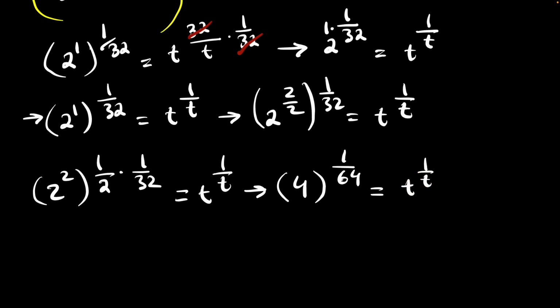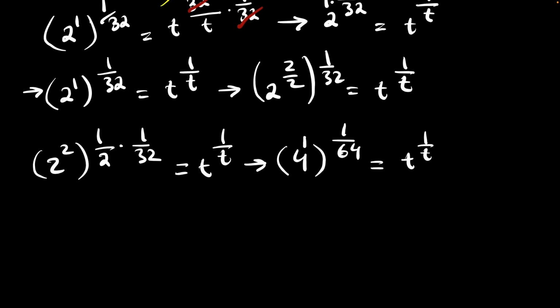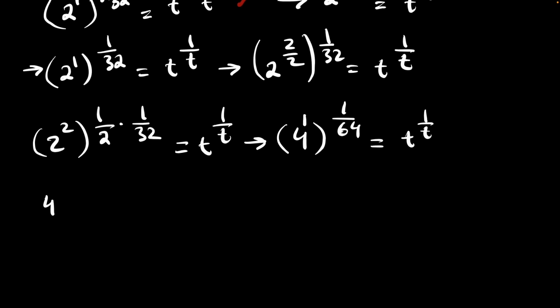So let's continue again. We do the same. Here we have 1 again, and instead of 1, I'm gonna write 2 over 2 and 1 over 64 is equal to t to the 1 over t.